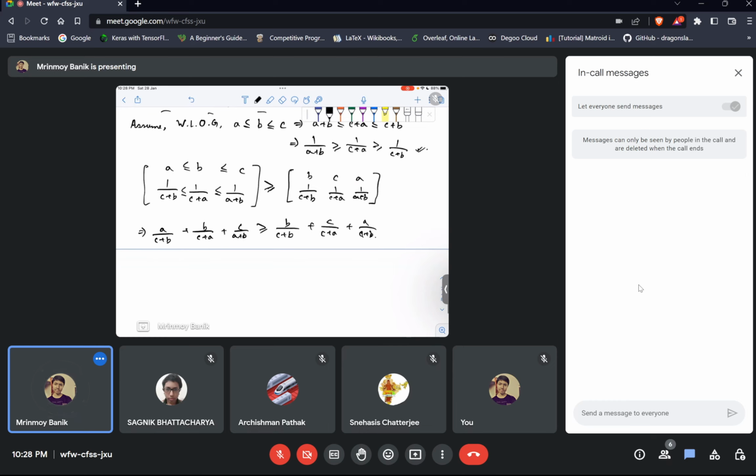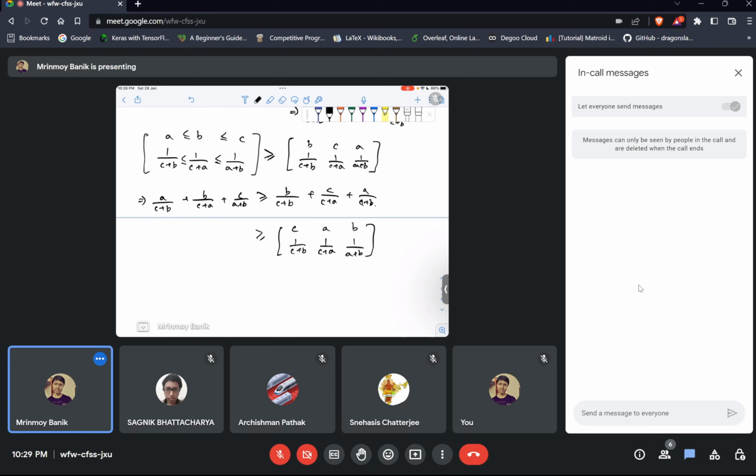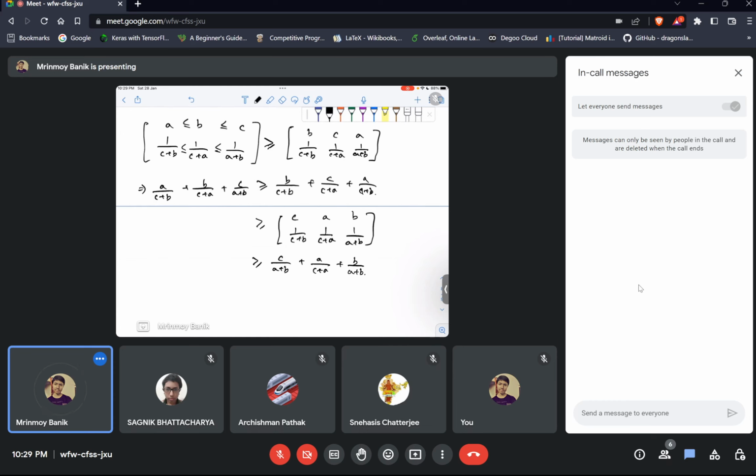And there we can take another permutation, which is c, a, b, with the next row fixed. And this would also result in something similar: c by a plus b, a by c plus a, b by a plus b.